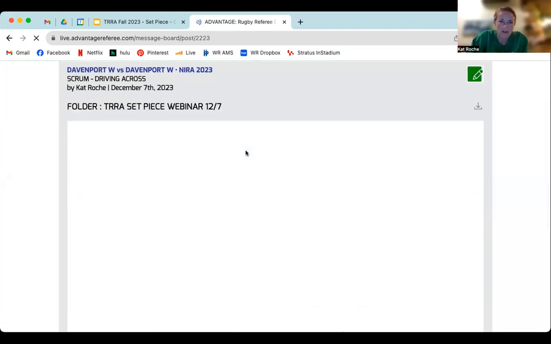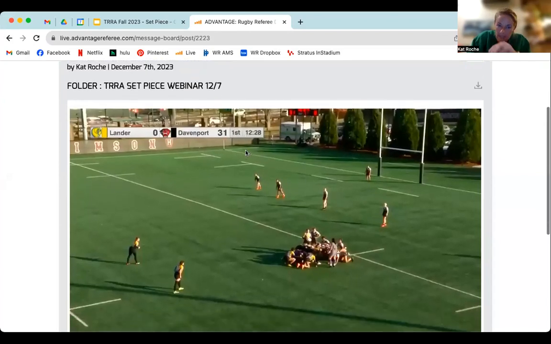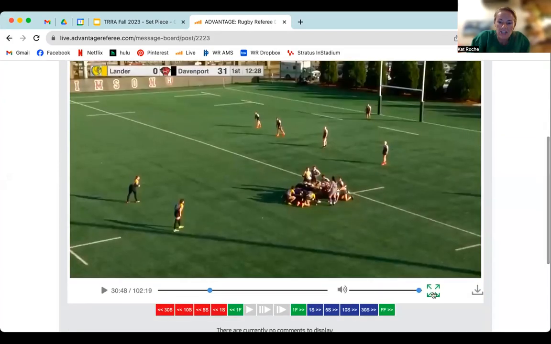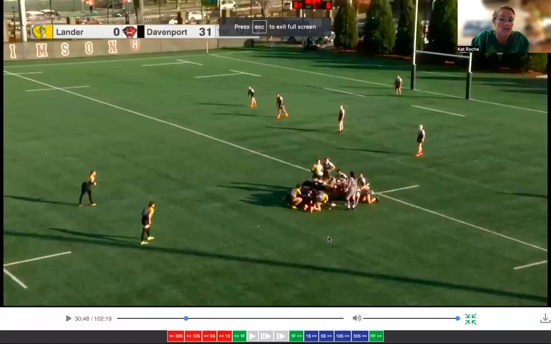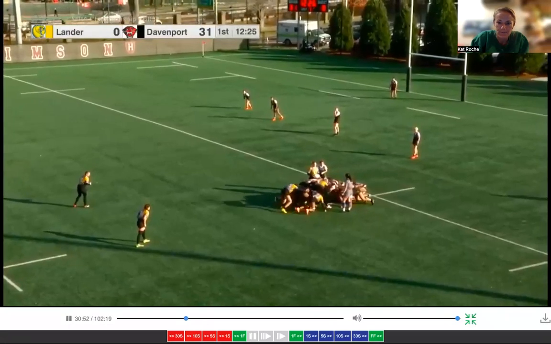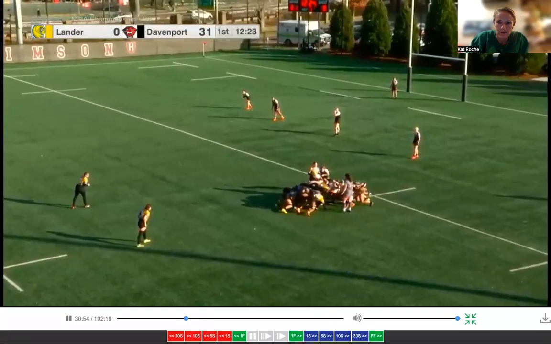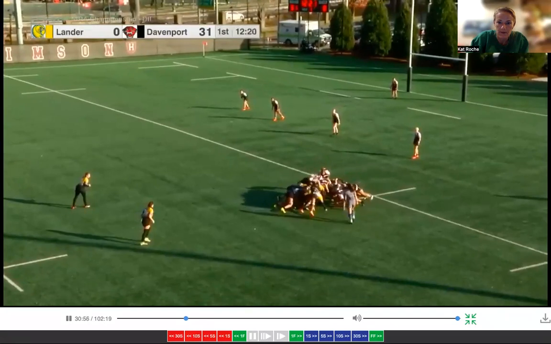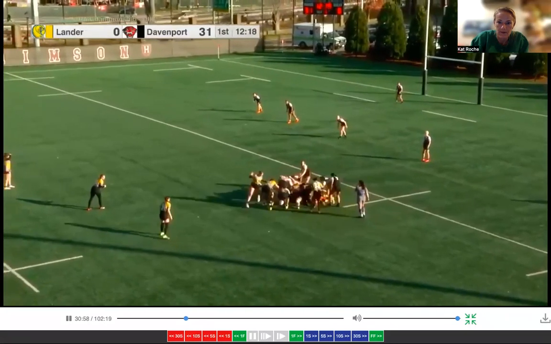All right, our third clip, driving across in the scrum. I actually like this because it's a far out angle. And again, moral of the story, we're not focusing on the little things, we're focusing on the big things. Ball to back here for the Bearcats. Big drive.